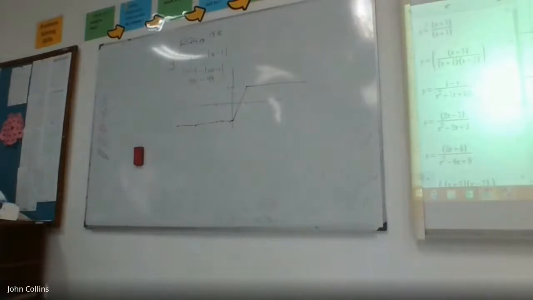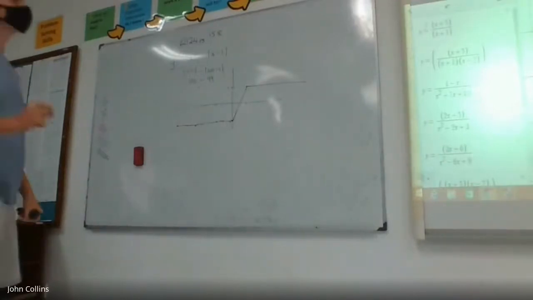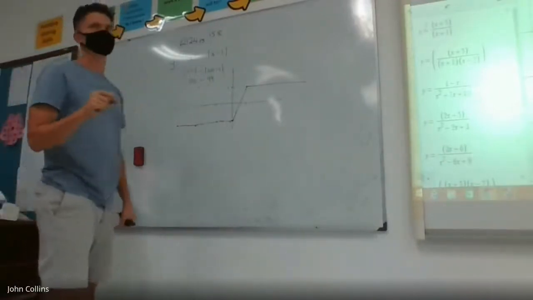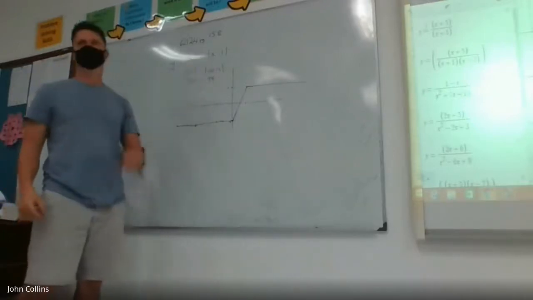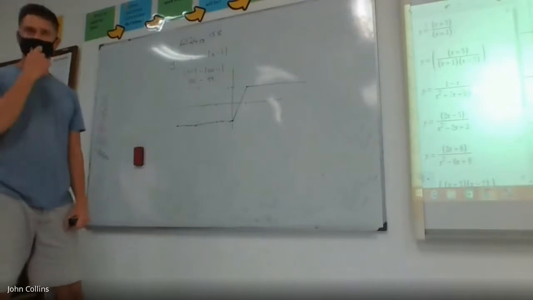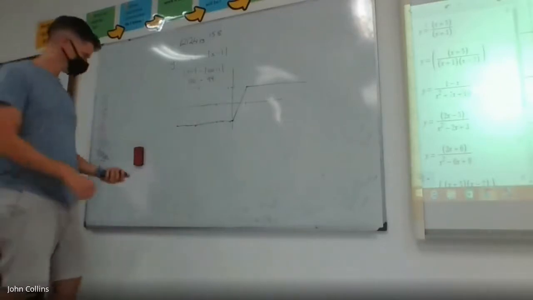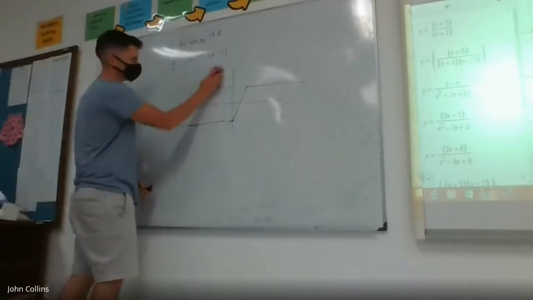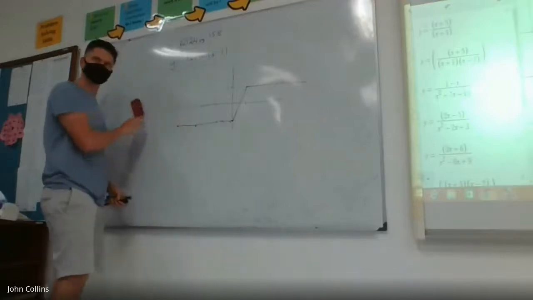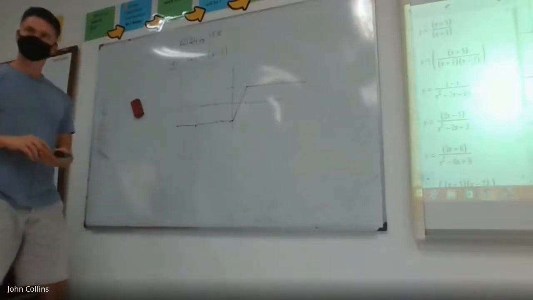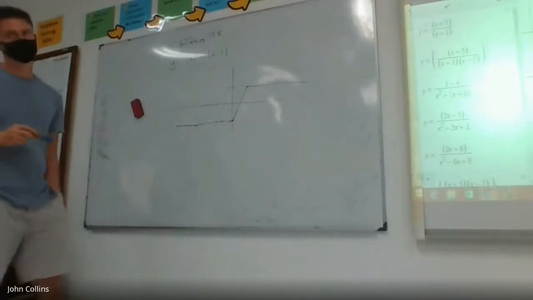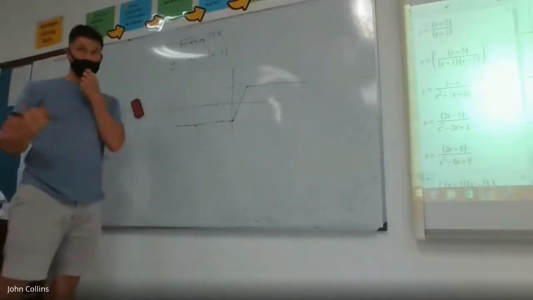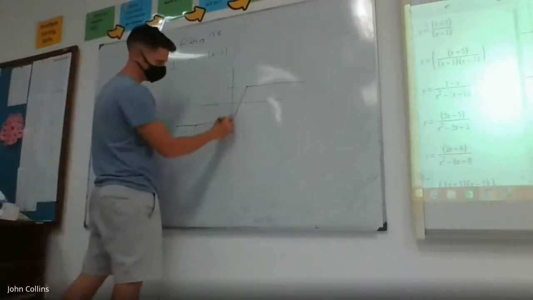All right, what's the question again? The question is, write this as a function without absolute value. How can we do that? It's not a function like anything we've seen before, but parts of it are.